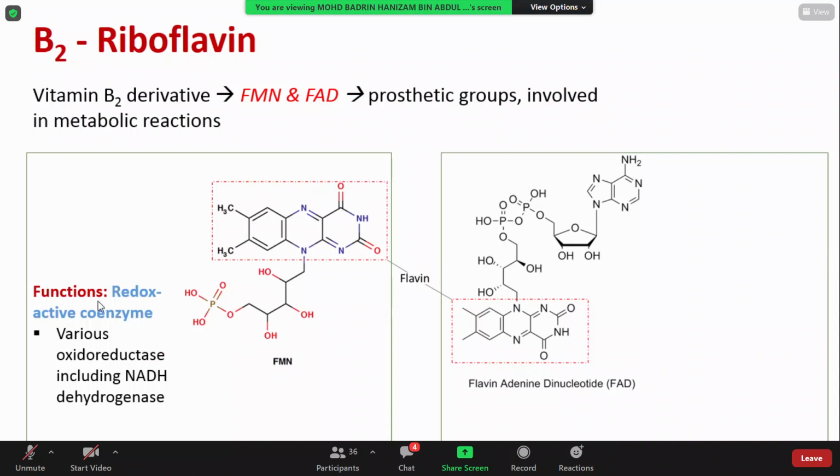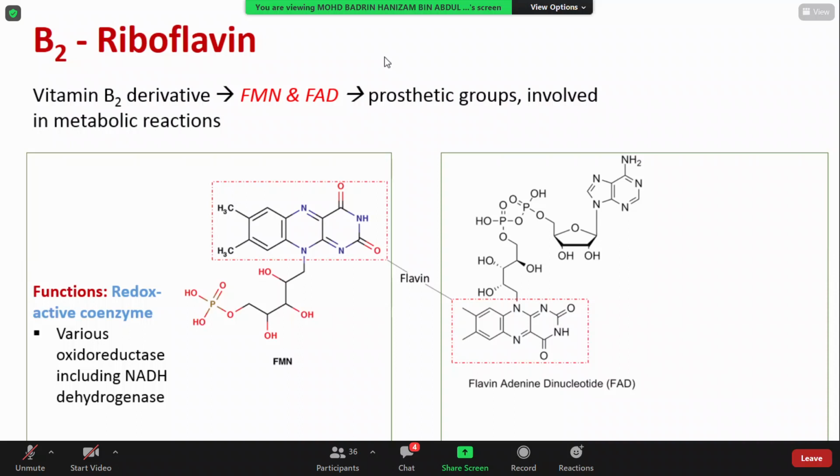So for the function, we go first for FMN. FMN is a redox active enzyme component, in various oxidoreductases, including NADH dehydrogenase. You can find NADH dehydrogenase in two general energy metabolism pathways. Can you tell me which pathways you can find NADH dehydrogenase?